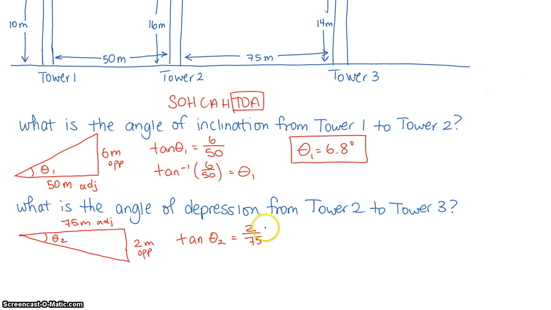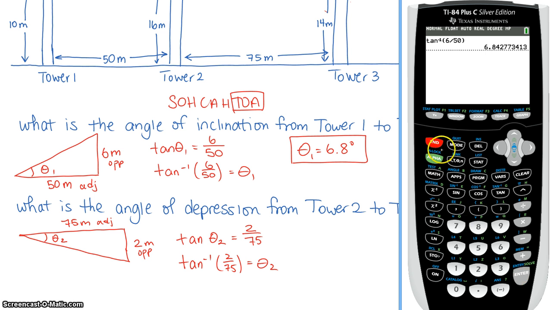Again, I have a ratio, I do not have an angle, so I'm going to use tan inverse. 2 over 75 is going to equal theta 2. If you use your calculator, second tan inverse, 2 divided by 75, we have an angle of depression of about 1.2 degrees.